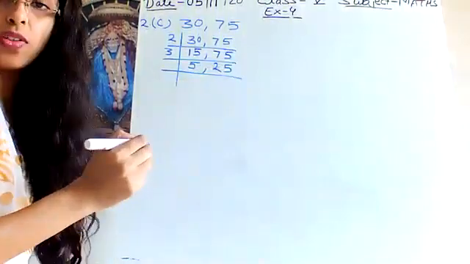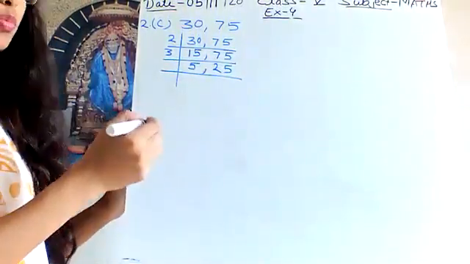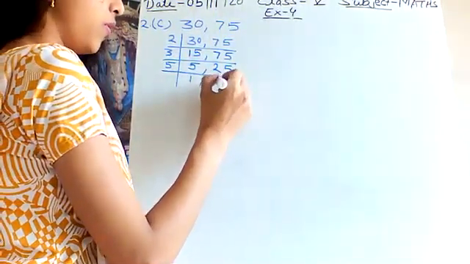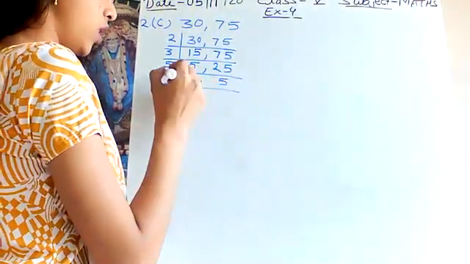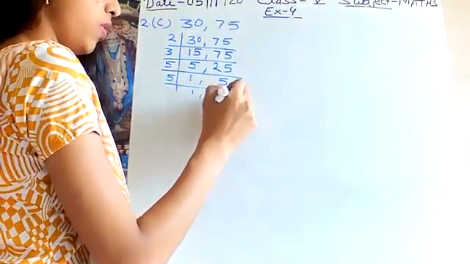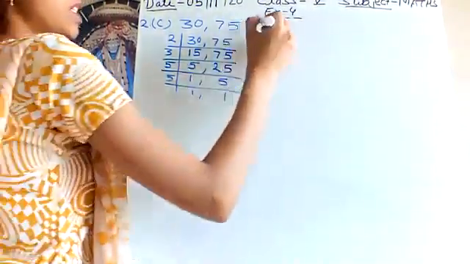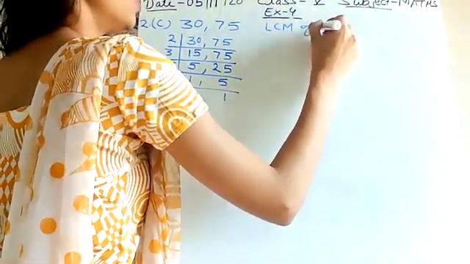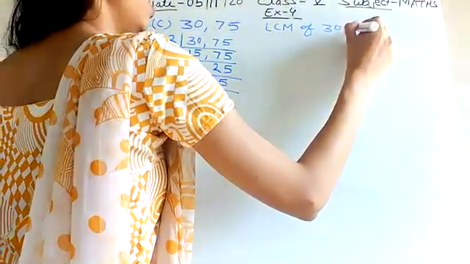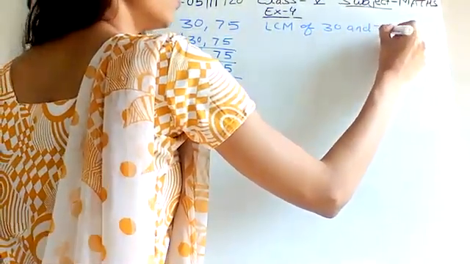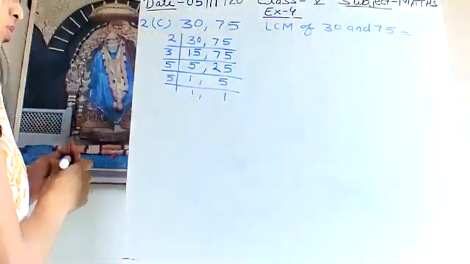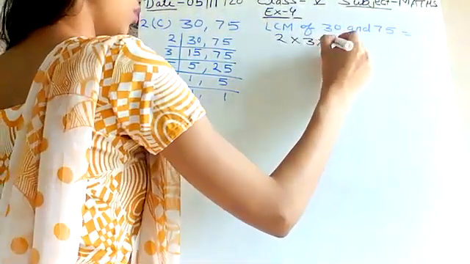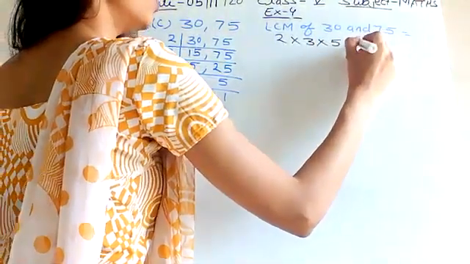Now 5 and 25 is not divisible by 3, so we will move to next prime number, that is 5. 5 1s are 5, 5 5s are 25. Okay, again 5 1s are 5. So LCM of 30 and 75 is equal to 2 into 3 into 5 into 5.